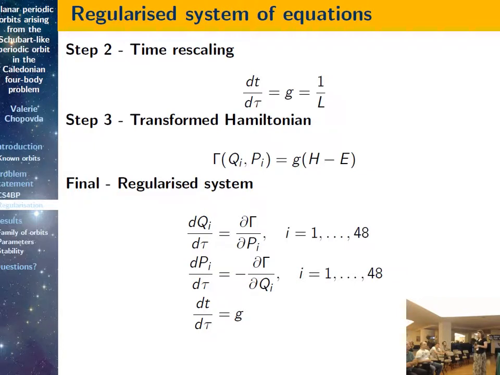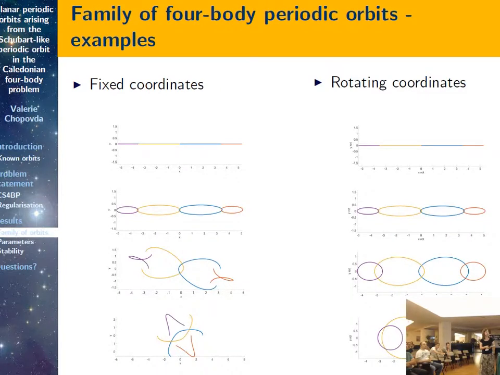And then, by using angular momentum of the system as a parameter and also fixed and conserved quantities of the system, we perturb the outer bodies and build an iterative process over that, and that's how we produce our results. And here they are. So the family starts with the Schubart-like orbit, which is this one. All these orbits are plotted in fixed and rotating coordinates, same as before.